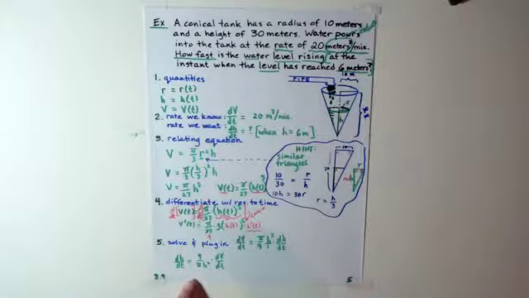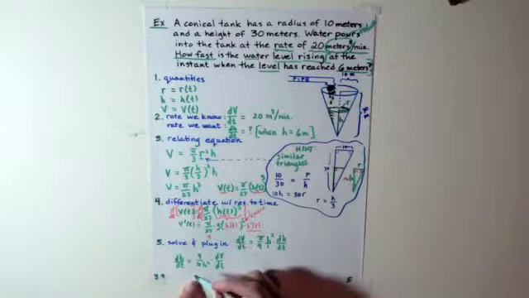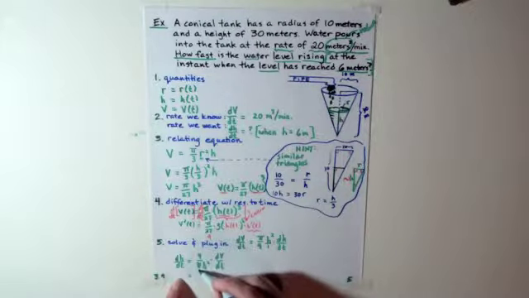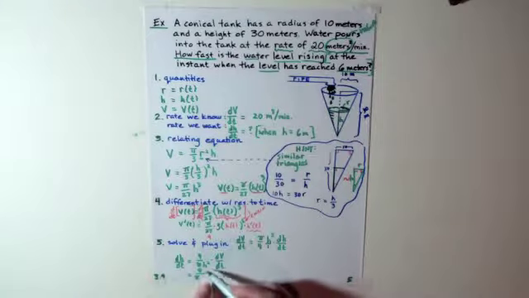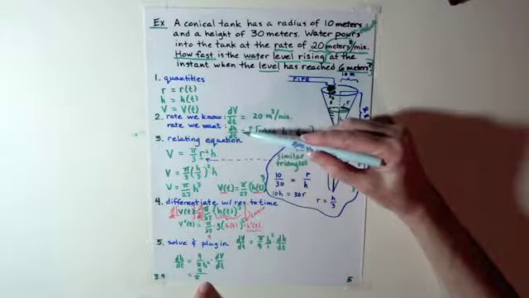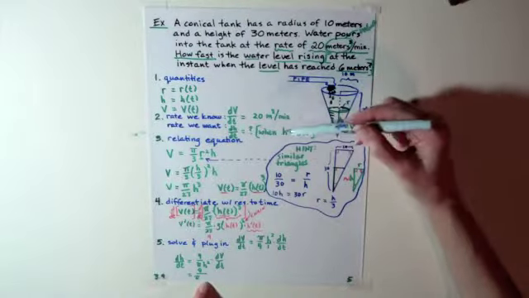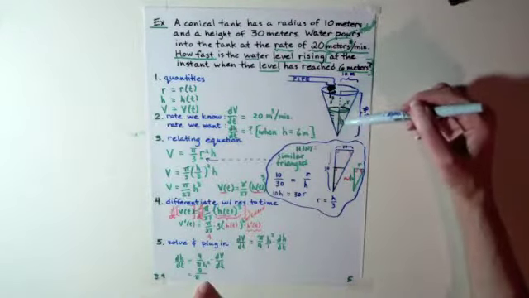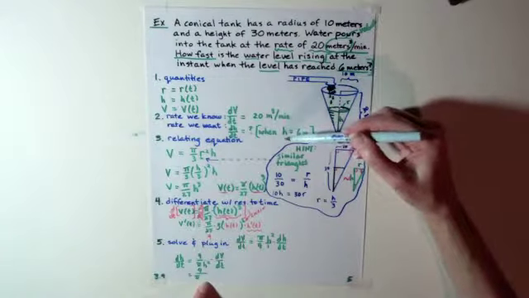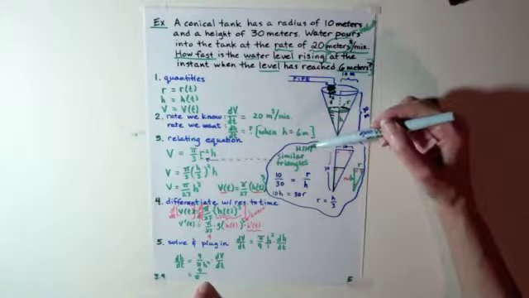Now we can go ahead and try to plug in. So let's try to plug in for everything that we see. Looks like I have 9 over pi times, and h, do we know the value of h? Well, we wanted dh dt, but when did we want it? We wanted it as the water level's rising, rising, rising. We wanted it at the moment that the water level h was 6 meters.